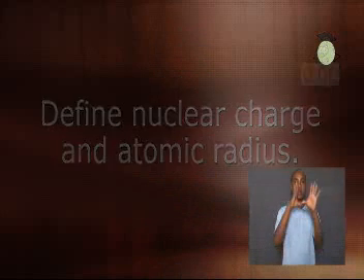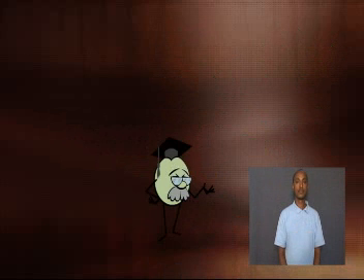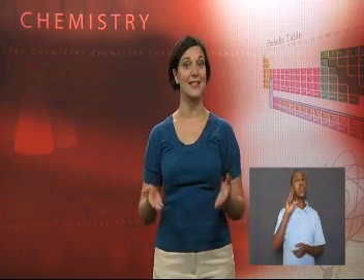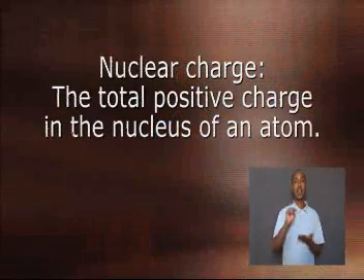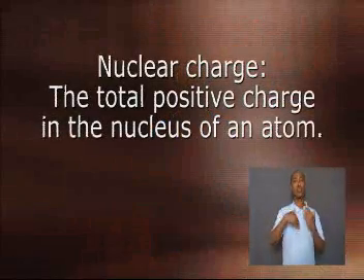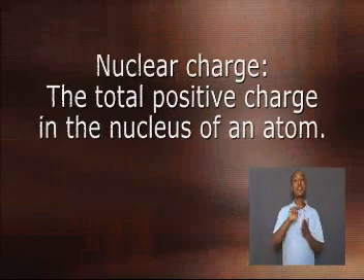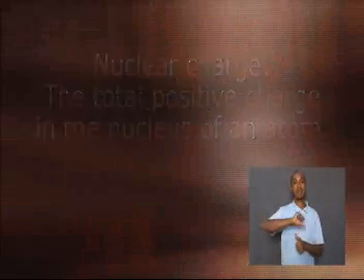Time's up. Let's get back to our lesson. Hello, students. I am certain you had no trouble with this activity. Nuclear charge is the total positive charge in the nucleus of an atom.